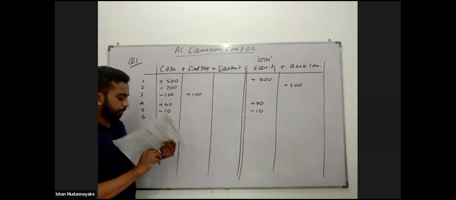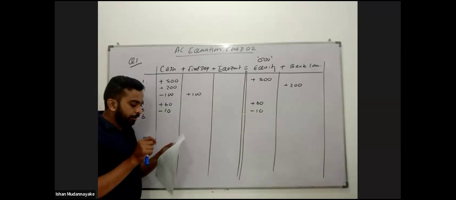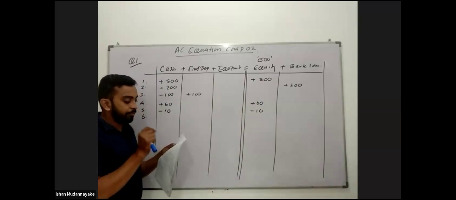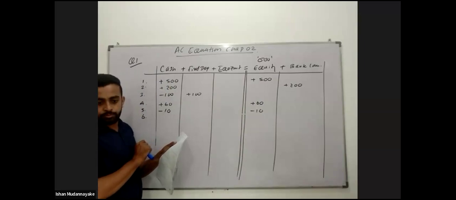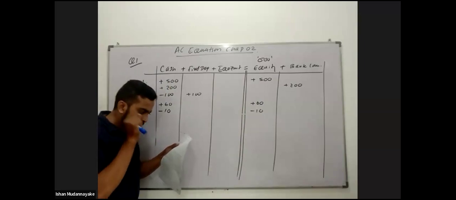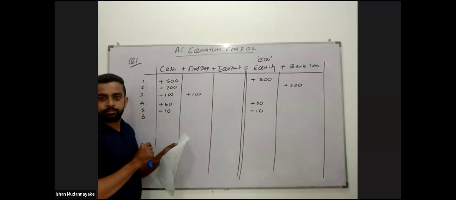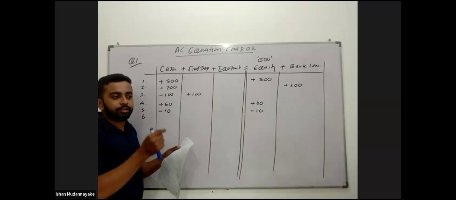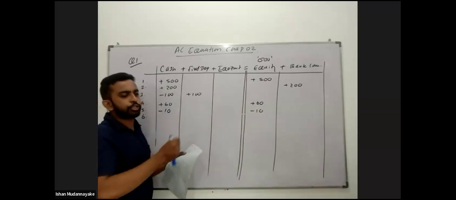Look at the sixth one. Nehara withdrew 20,000 from the business for her private use. Nehara has a family. Therefore, for family expenses, Nehara needs to withdraw some amount from the business organization.